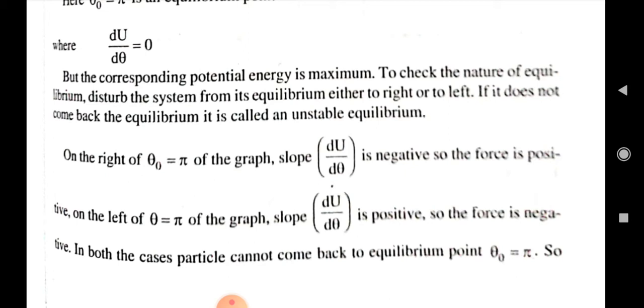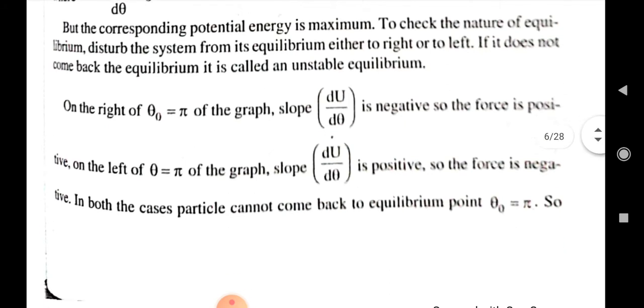Again, on the left hand side, du by d theta is positive, that means the force is negative. In both cases, the particle cannot come back to the equilibrium point when theta is equal to pi. So we can say that theta equal to pi is an unstable equilibrium point.